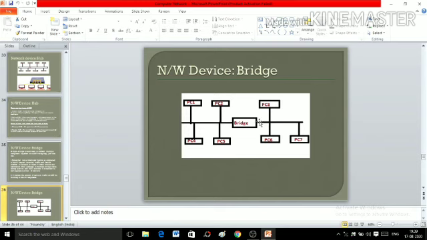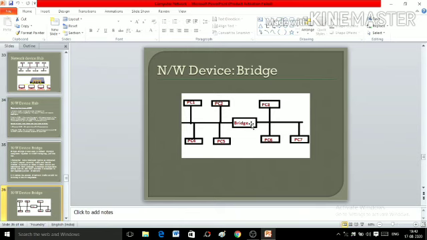At port 2 there are PC3, PC6 and PC7. When PC1 wants to send the message to PC7, the bridge will forward the message to the network segment on the right hand side. It will pass on the message to PC3, PC6, PC7, but it will not pass on the message to PC2, PC4 and PC5.